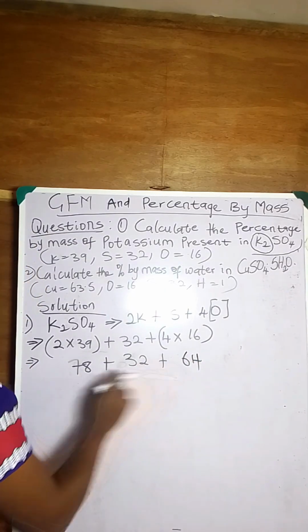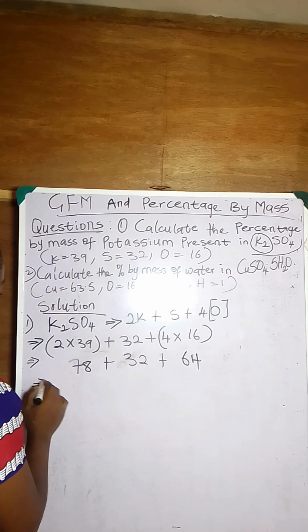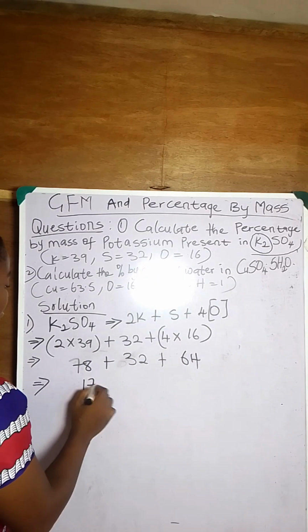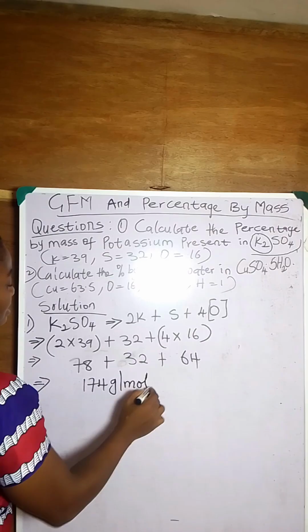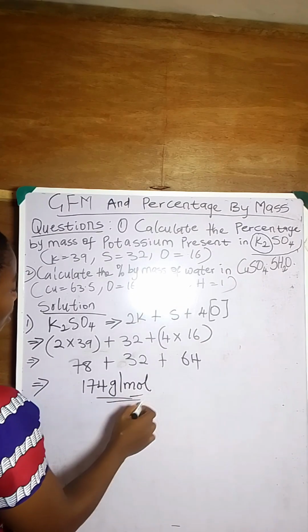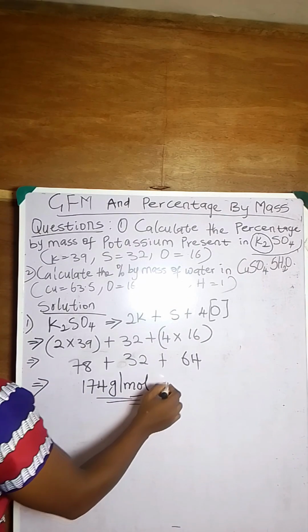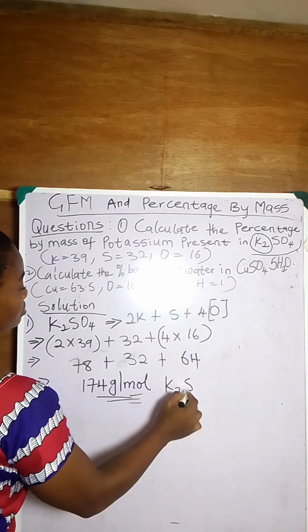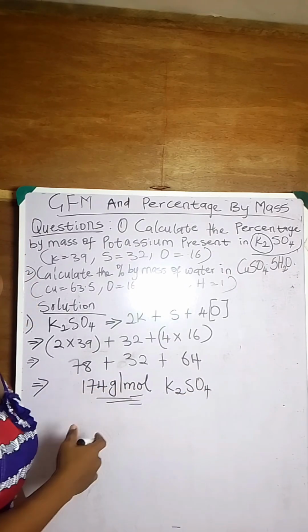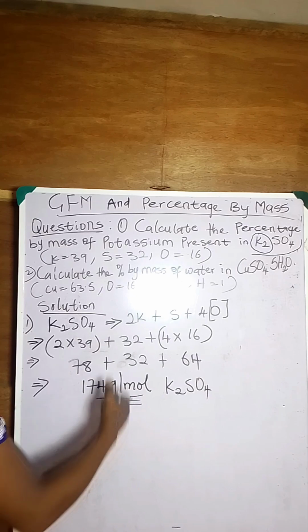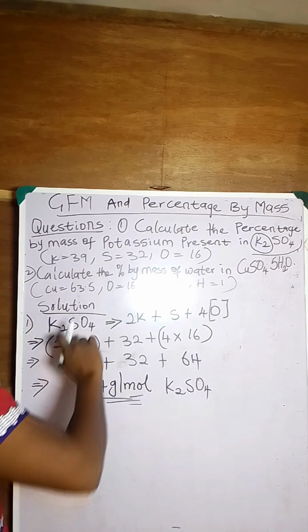Now when you add this up together, you will be having 174 grams per mole. So this is the molar mass of this compound, which is K2SO4.